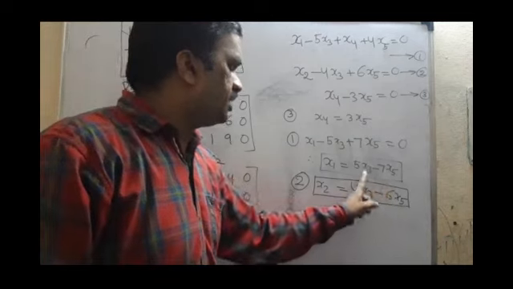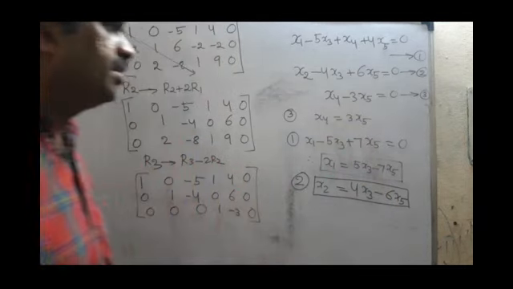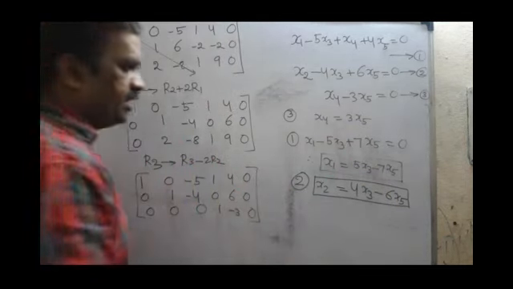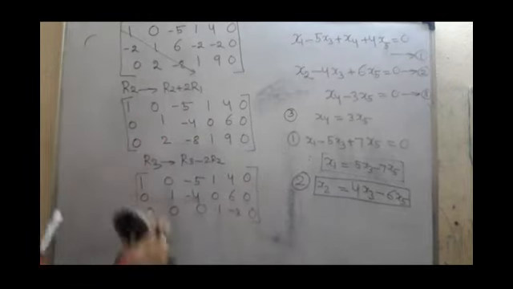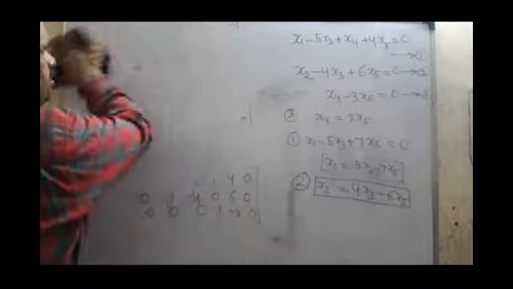So we got x4, x1, x2 in terms of x3 and x5. So x3 and x5 are free variables.